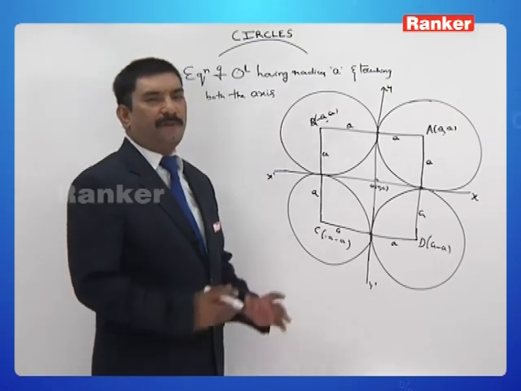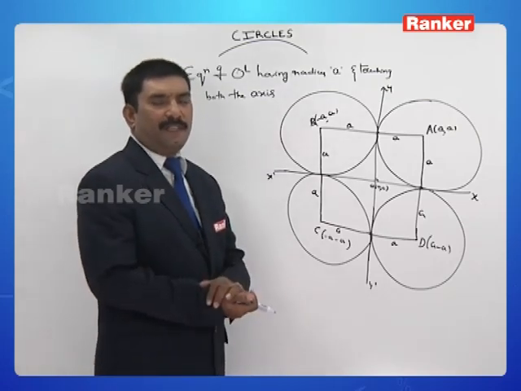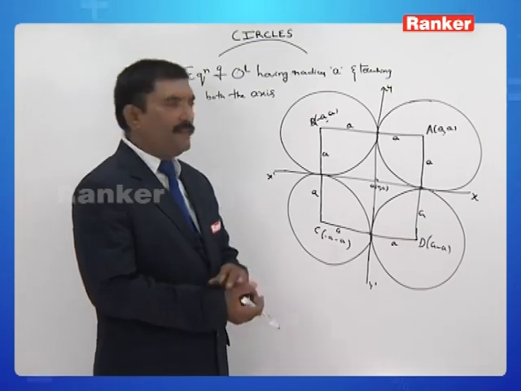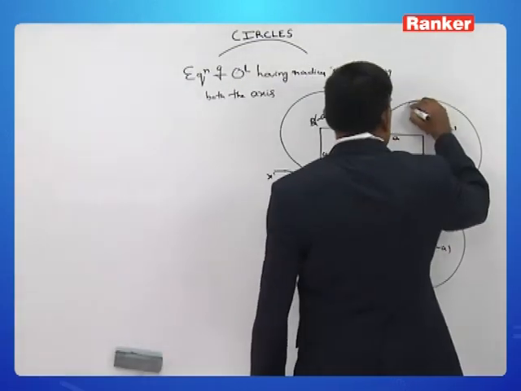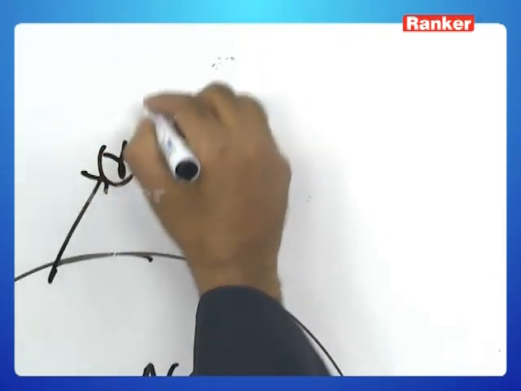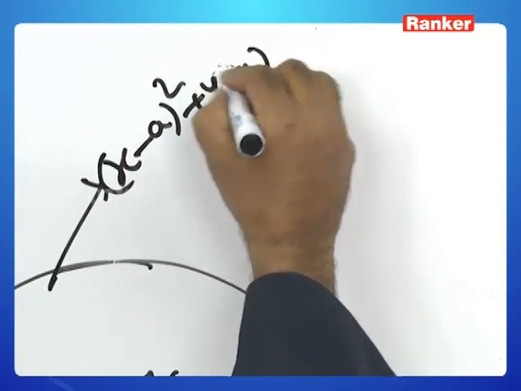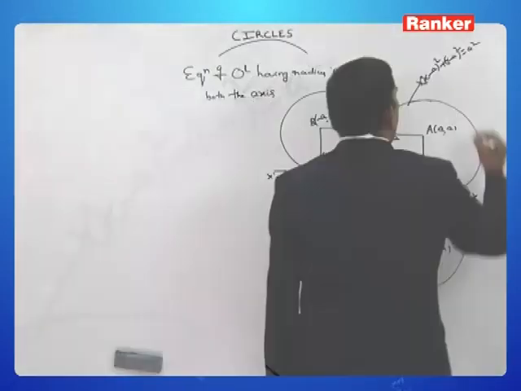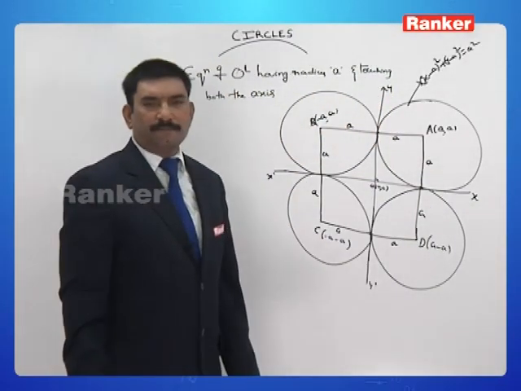If they ask us to find the equation of a circle, the equation of a circle touching both the axes having radius a is given by (x minus a) whole square plus (y minus a) whole square equals a square.